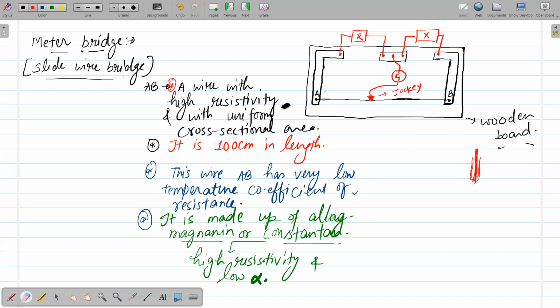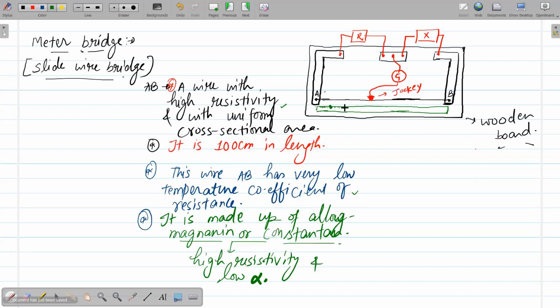So this is the jockey, right? And let me connect something. There is one more thing in the circuit, that is a scale. We have a scale which is placed just below the wire, and this scale is exactly 1 meter in length.